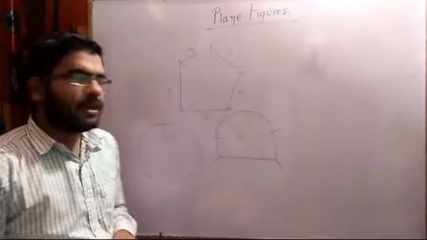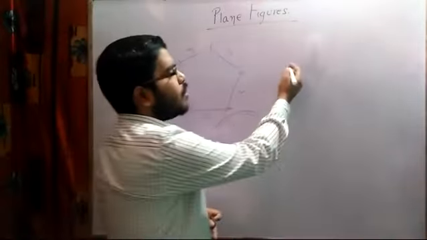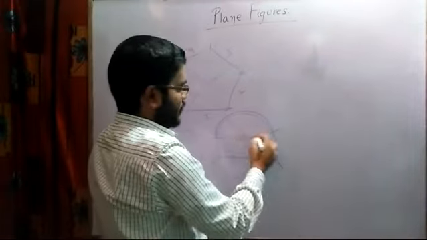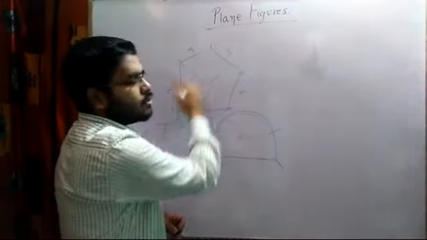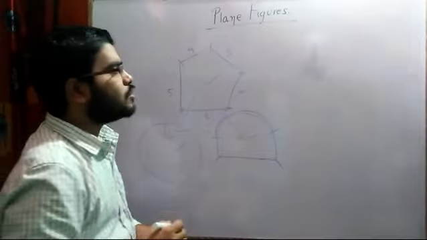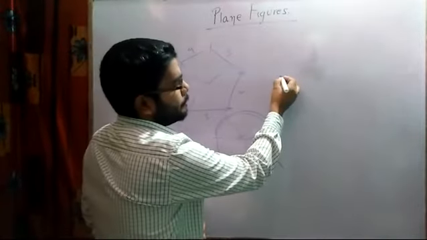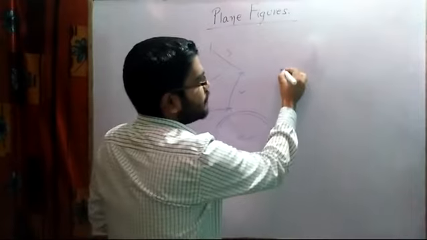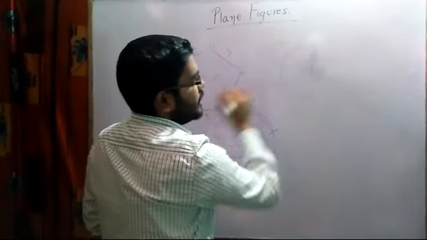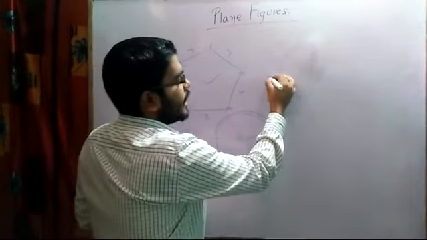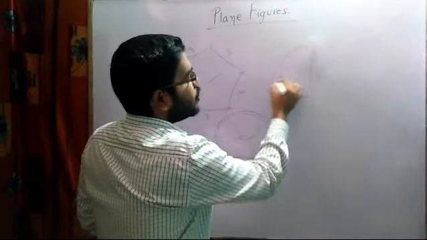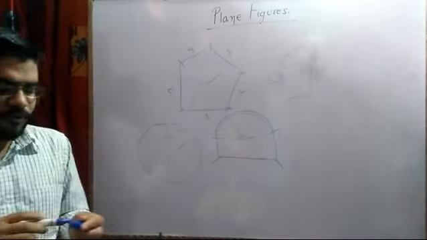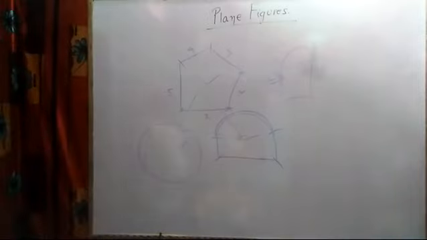Now the other thing is a closed plane figure, which is already closed from all sides. Now what is a closed figure? A closed figure means a figure which starts from the same point and ends on the same point. Starting and ending point are both the same.